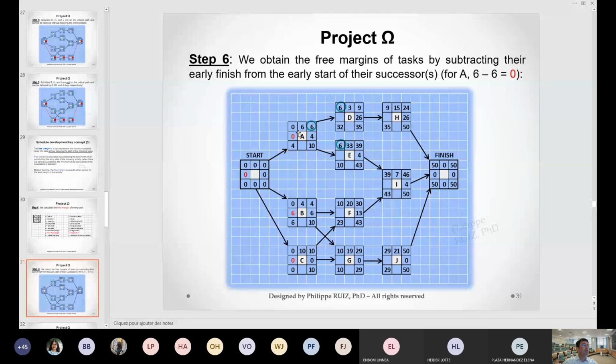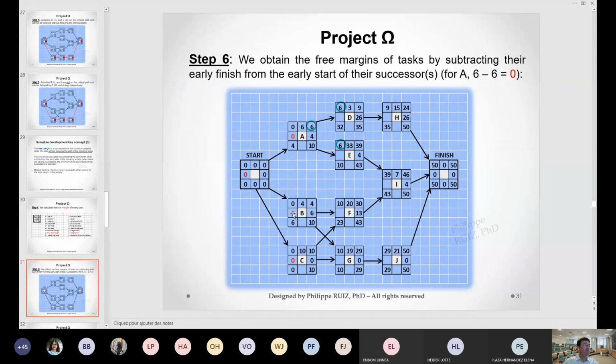That's the margin. What does that mean, the free margin of A? It means that if I delay A by more than 0 days, D will be delayed as well. So I have 0 free margin on A. If I delay A, D will be delayed right away. How do I compute the free margin for B? Well, I do 10 minus 4 and I obtain 6.